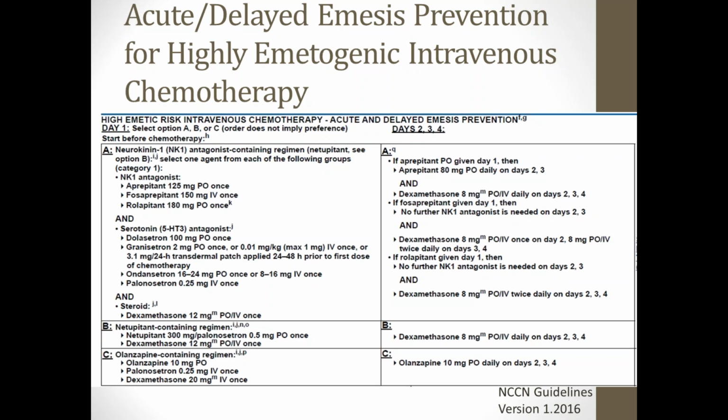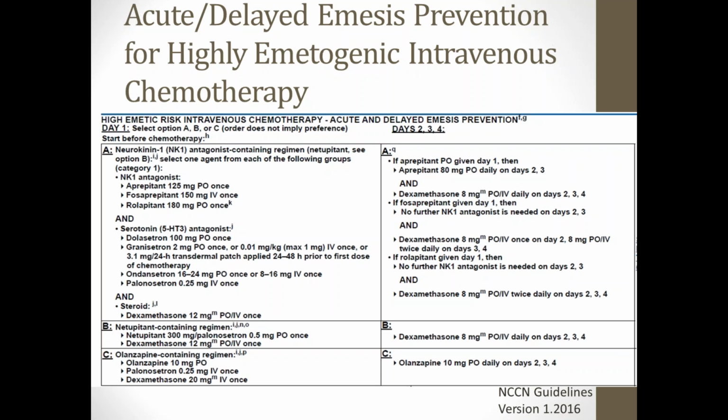Now that's day one. We can't just give these patients medications solely on day one of their chemotherapy regimen. You have to give them on subsequent days. So on days 2, 3, and 4, actually let's start with days 2 and 3, they would get IV Decadron or PO Decadron at home on those days. That actually helps prevent the delayed nausea and vomiting, which again is having nausea and vomiting from chemotherapy more than 24 hours after its administration.